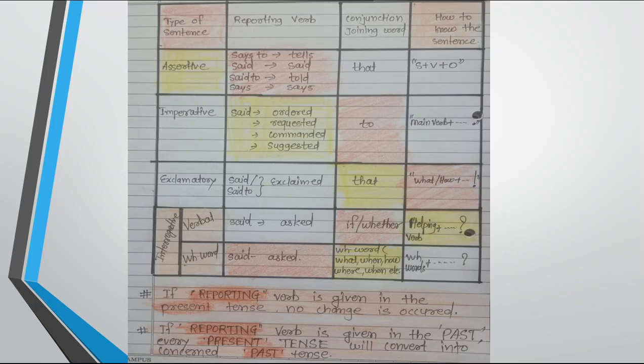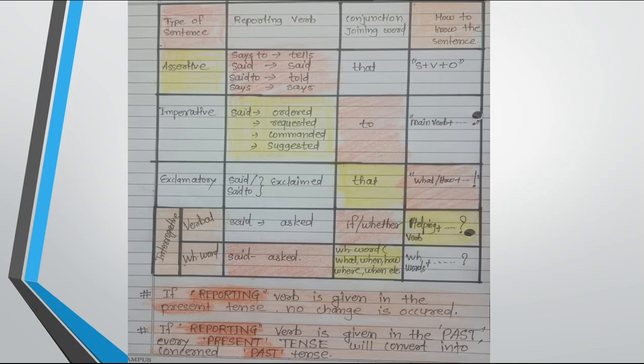So there are four types, and with the help of these four types we can solve direct indirect. So let us take the assertive sentence. If the reported sentence is assertive, how to identify an assertive sentence? The trick is very simple. An assertive sentence usually begins with a subject and ends with a full stop.